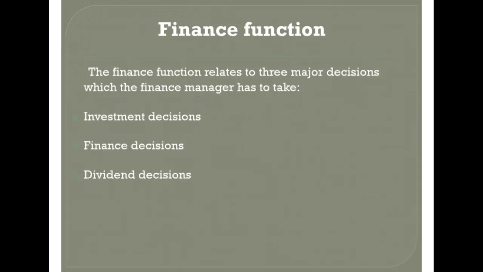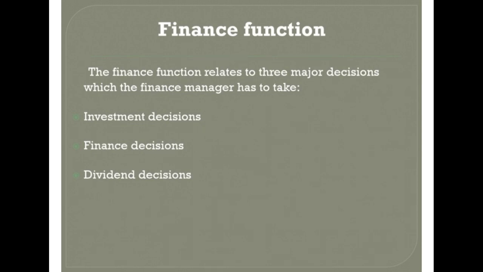Now we talk about the finance function. There are basically three finance functions. First is your investment decision, second is your finance decision, and third is your dividend decision. Now, what is this finance function? This finance function is related to decision making, whether it is related to the investment decision, the finance decision, or the dividend decision.